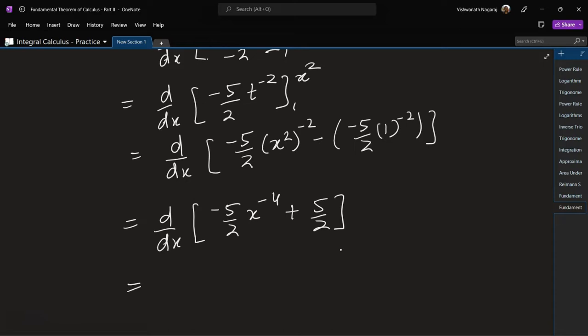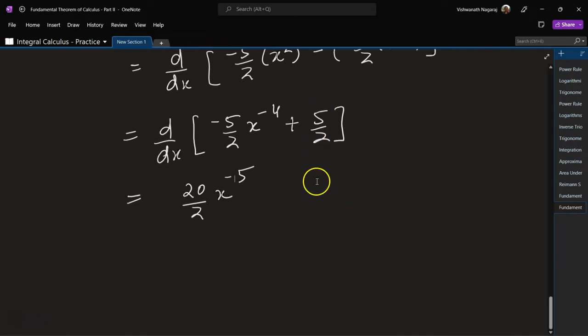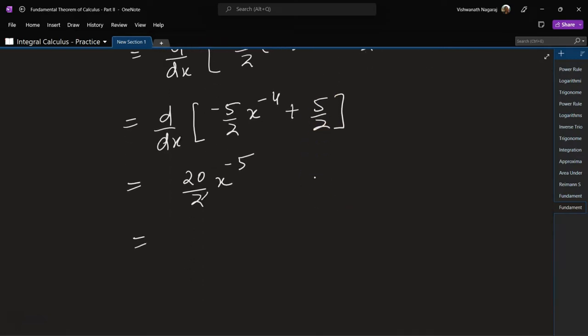Now let's differentiate it. What do we get? Minus 5 times minus 4 is 20 by 2 x to the power of minus 4 minus 1. So minus 5. And this, if we differentiate, we get 0. So here this becomes 10 by x to the power of 5. So that is the result.